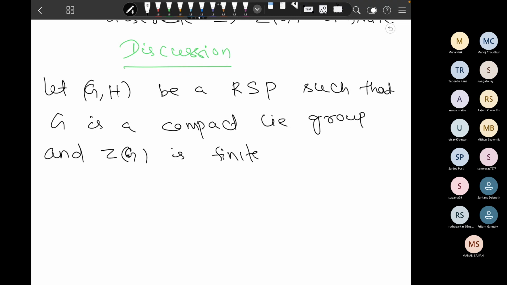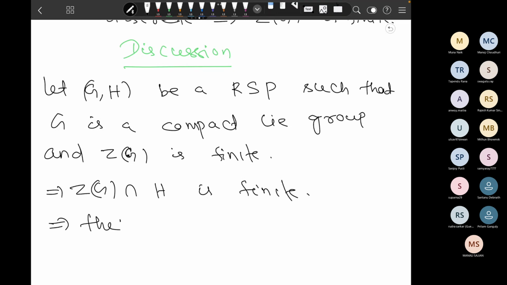So that means ZG intersection H is also finite. A Riemannian symmetric pair is effective if and only if ZG intersection H is discrete, and here we are getting a finite subgroup. So this implies the Riemannian symmetric pair (G, H) is effective.